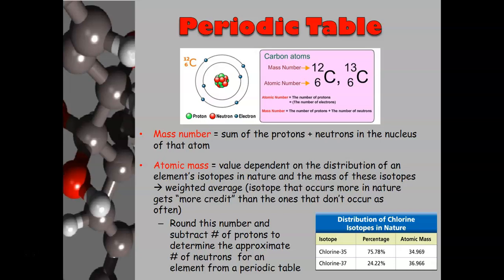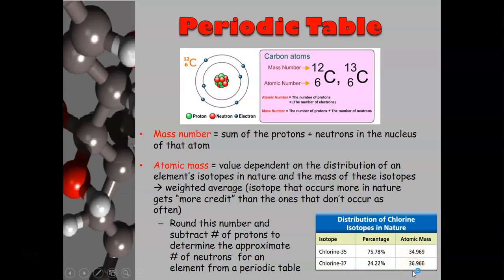So if I'm looking at these chlorine isotopes down here, chlorine 35 is approximately 76% of the isotopes of chlorine found in nature, where chlorine 37 only makes up about 24%. So that means 76% of the average is going to go towards this atomic mass, and only 24% of the average is going to go here, alright?